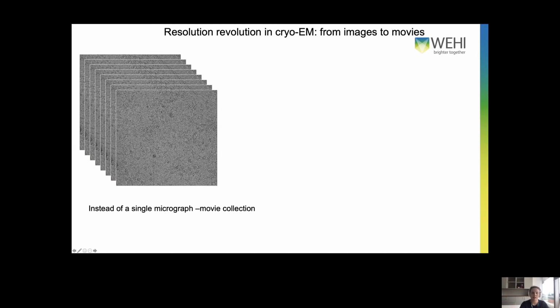And so why is the speed of the detector so important? The reason is that fast readouts of detectors allow us to collect movies instead of still micrographs. Because of the low signal to noise of biological samples, we need to take long exposures.